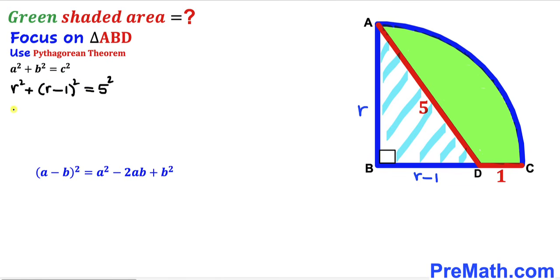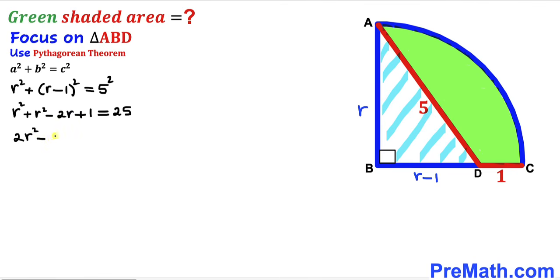So we can write r square plus r square minus 2 times r plus 1 equals 25. Let's combine these like terms. So we can write 2 times r square minus 2r plus 1 equals 25.